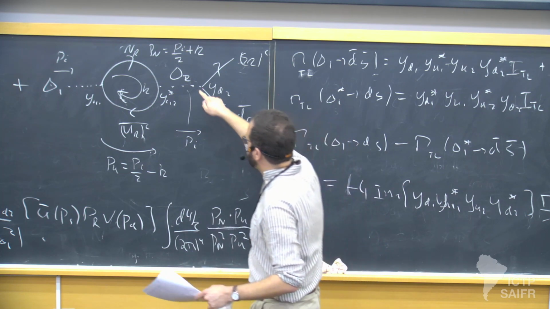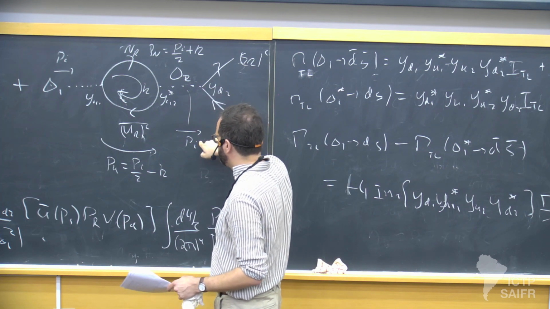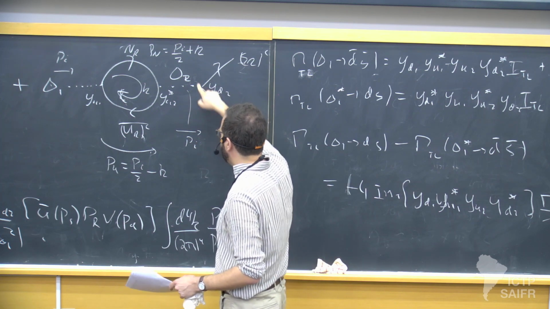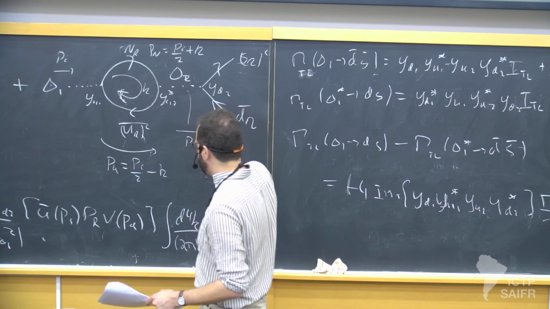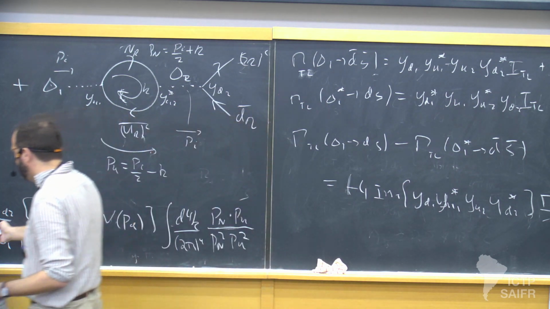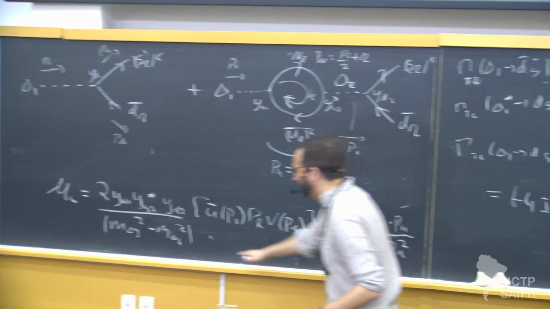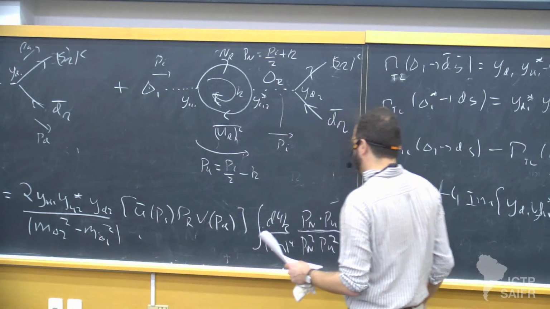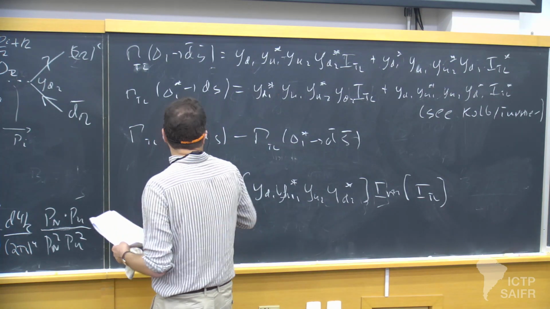And we also have this propagator here, which has momentum Pi squared, but Pi squared minus the mass squared minus M delta 2 squared will give us just M delta 1 squared minus M delta 2 squared, and then I've cancelled off a sign here, all right? So that's why you get this term here in the denominator, okay?